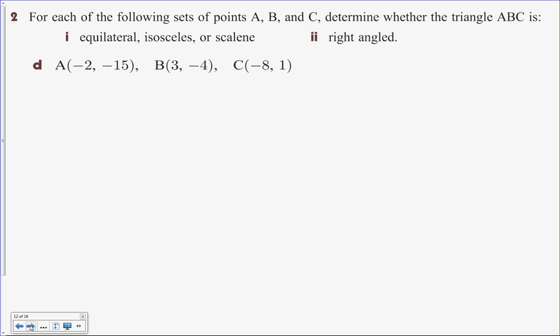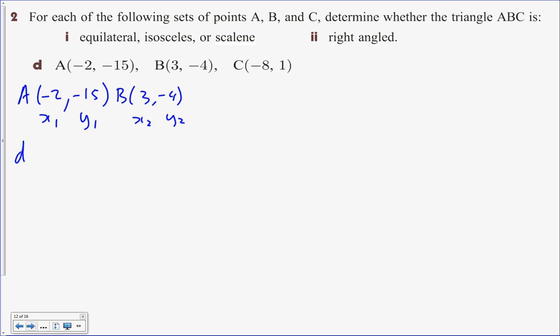The last one, we'll go through the same process again. A, which is -2, -15. B, which is 3, -4. So x1, y1, x2, y2.